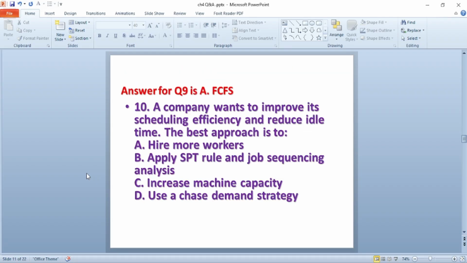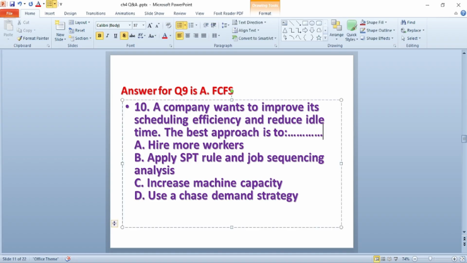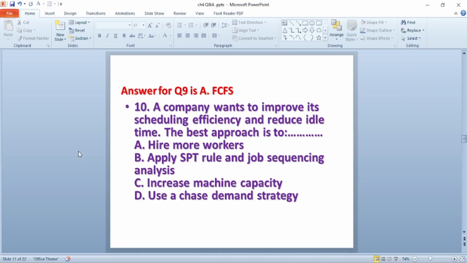Question number 10. The company wanted to improve its scheduling efficiency and reduce idle time. The best approach is to dash. A. Hire more workers. B. Apply SPT rule and job sequence analysis.